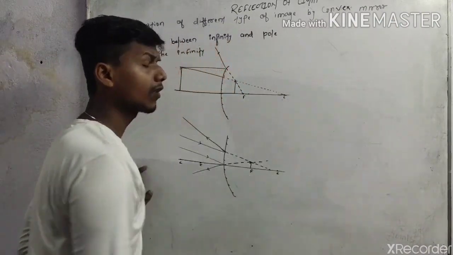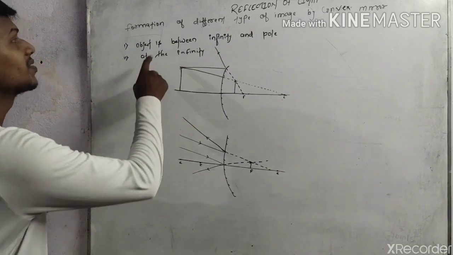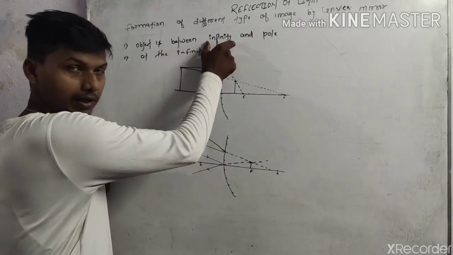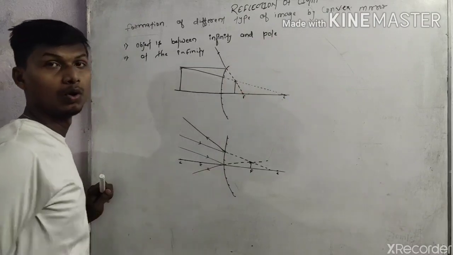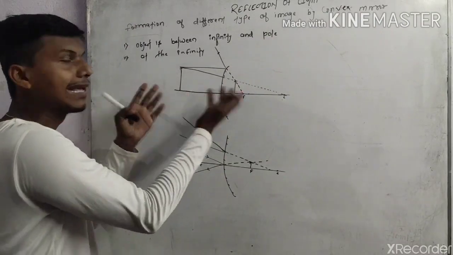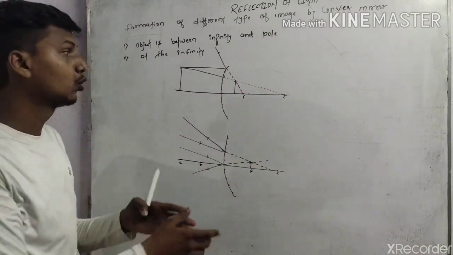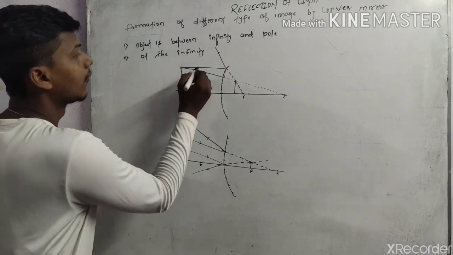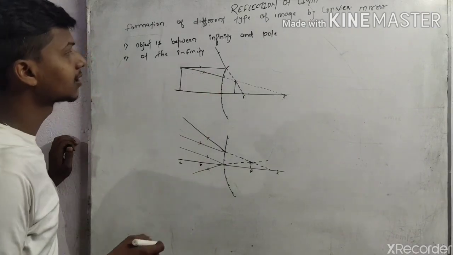Listen. The first case is when the object is placed between infinity and the pole. It means the object is placed anywhere between infinity and the pole. So the process of formation of the image is like this.